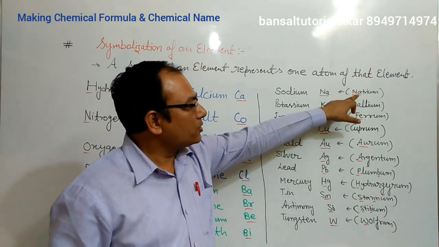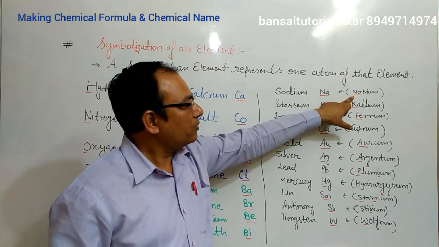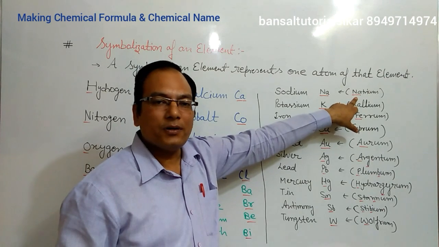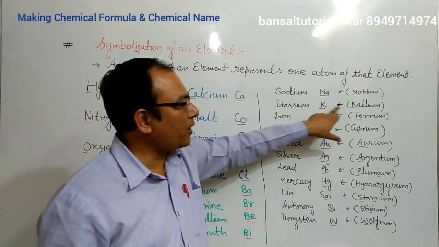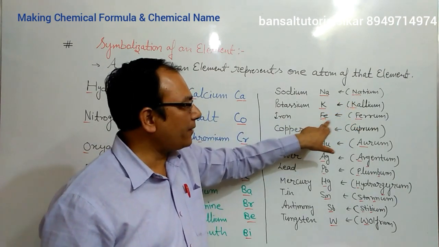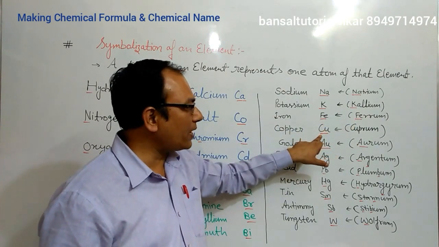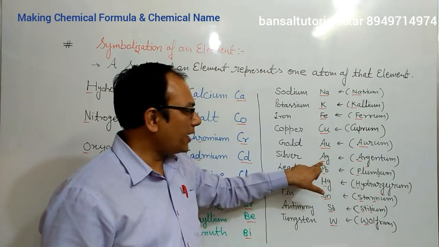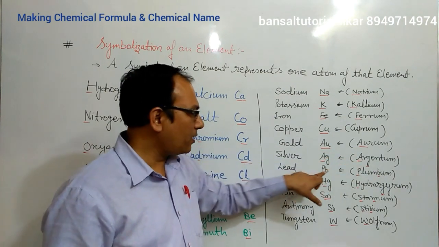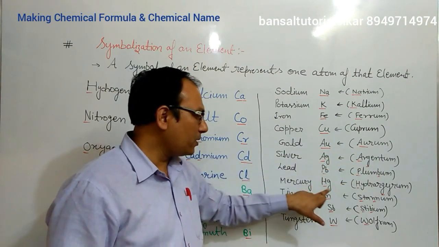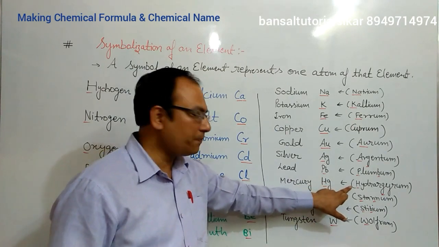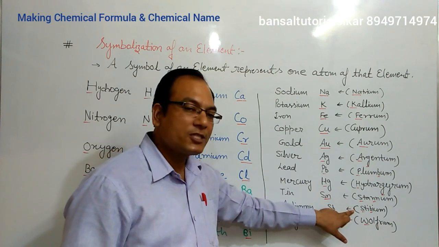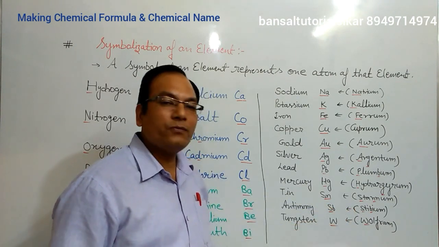Like sodium, the symbol is Na, and this Na came from natrium, K came from kalium, Fe came from ferrum, Cu came from cuprum, Au came from aurum, Ag came from argentum, Pb came from plumbum, Hg came from hydrargyrum, Sn came from stannum, Sb came from stibium, and W came from wolfram.